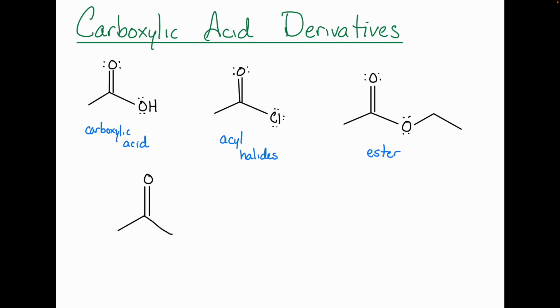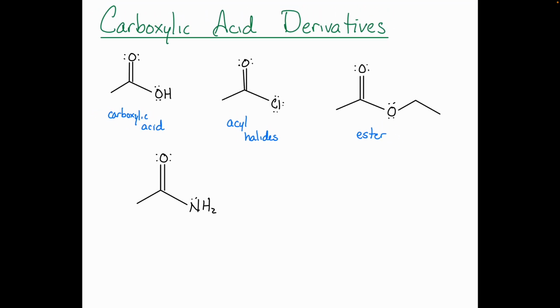All right, take our carbonyl carbon. Now it's going to be bound to a nitrogen. This is what we call an amide. Not an amine with an N, but an amide with a D.